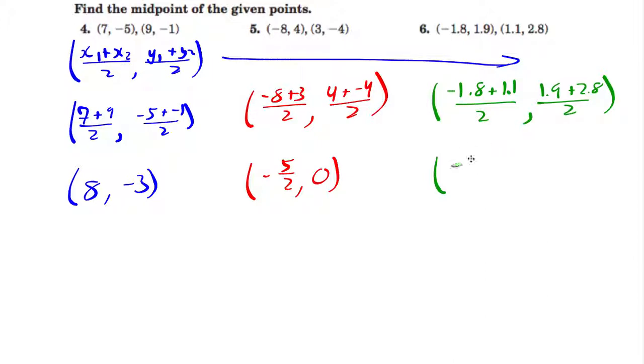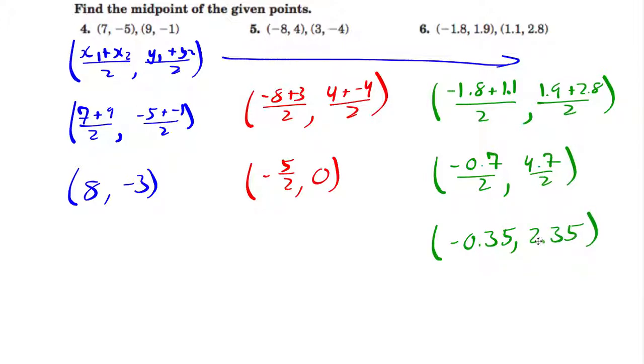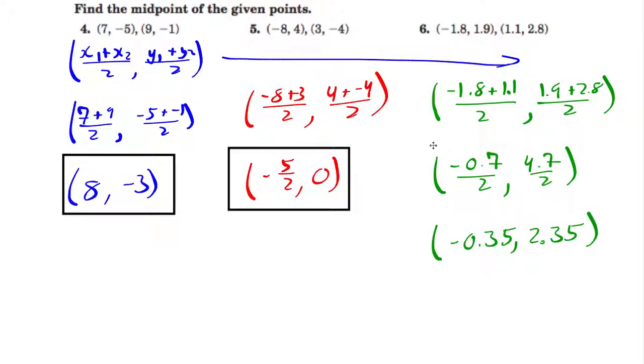So here, this is going to be a negative 0.7 over 2, and this is going to be a 1.9 plus 2.8, which is a 4.7 over 2. So a negative 0.7 divided by 2 is going to be negative 0.35, and then a 4.7 divided by 2 is going to be a 2.35. Like I said, if we have decimals within a fraction, we just make the whole thing a decimal as opposed to leaving decimals with fractions. But if we do have an improper fraction, we leave it as such.